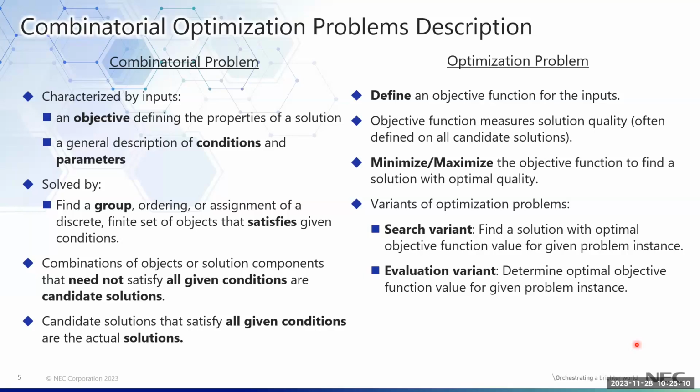So you can solve a combinatorial problem by finding a group of discrete, finite set of objectives that satisfy the conditions and eventually help you meet the objective. If the objective is achieved, but not all conditions are met, for example, I was able to reach point B from point A, but because of a flat tire I had a delay there, in that case it was eventually a solution.